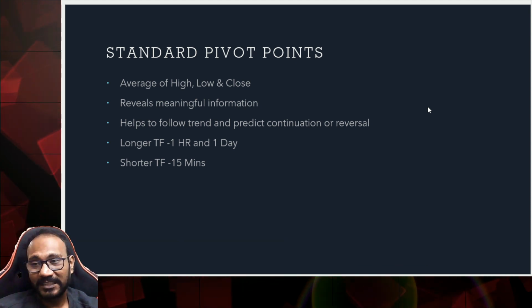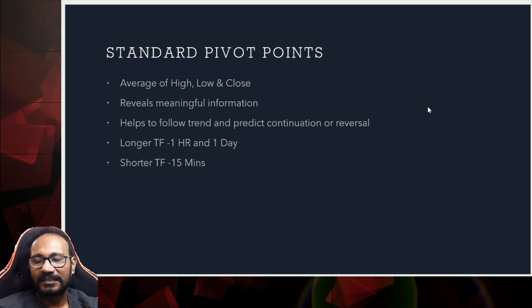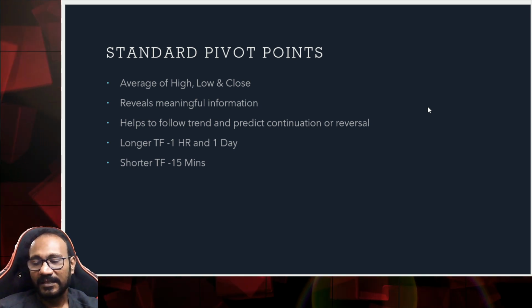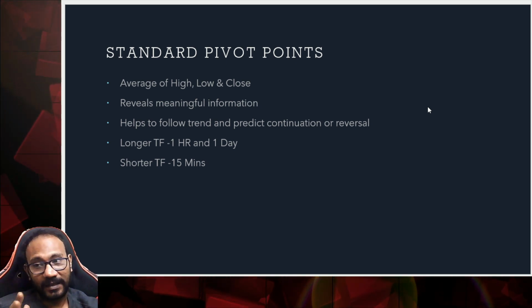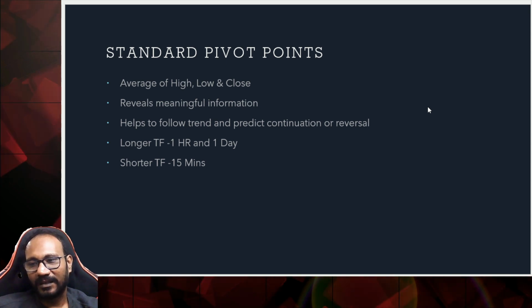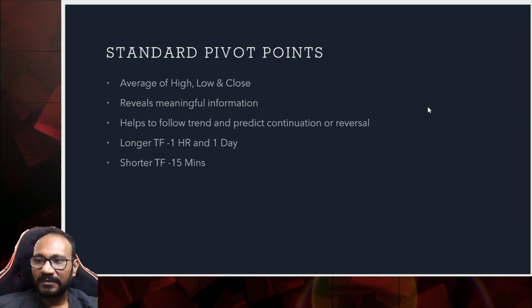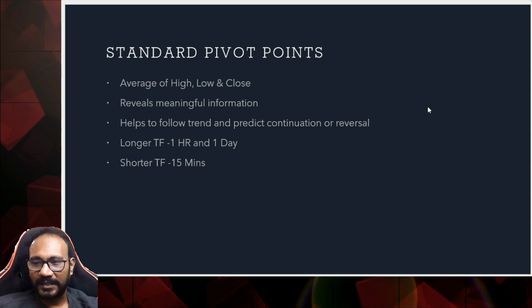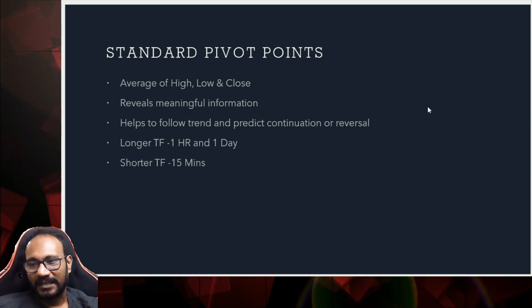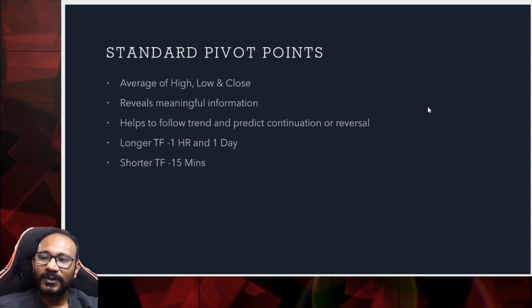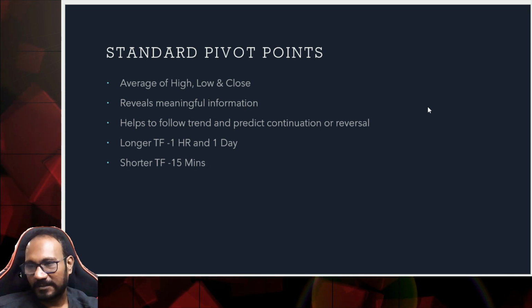If it breaks the pivot, then very likely the trend would continue on the upside. If it gets rejected at the pivot, very likely it is going to go down. So depending upon where the market is trading and where the pivot is placed, we can find whether the trend is likely to continue or reverse.